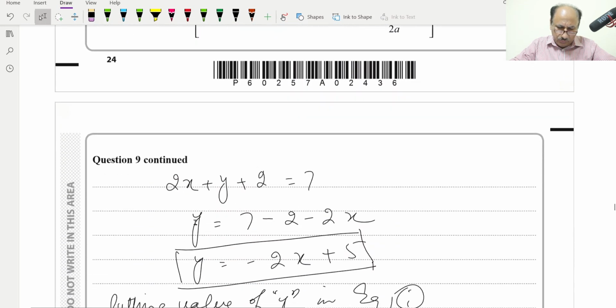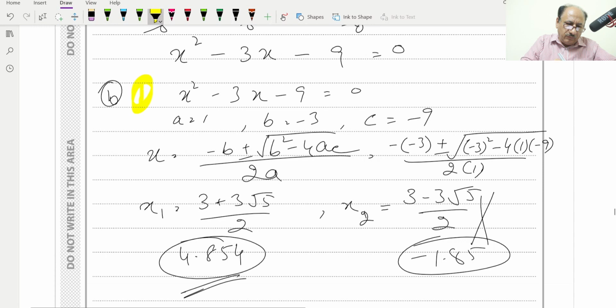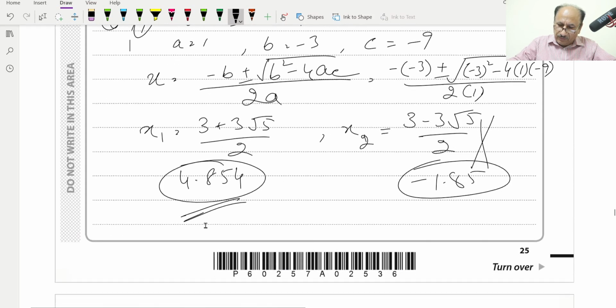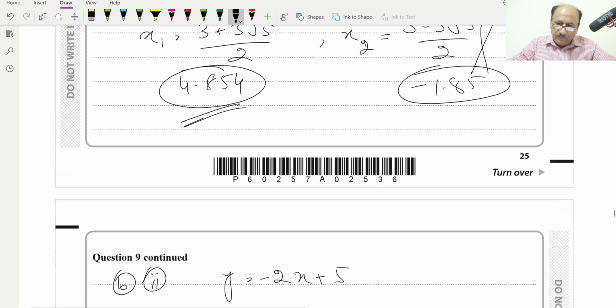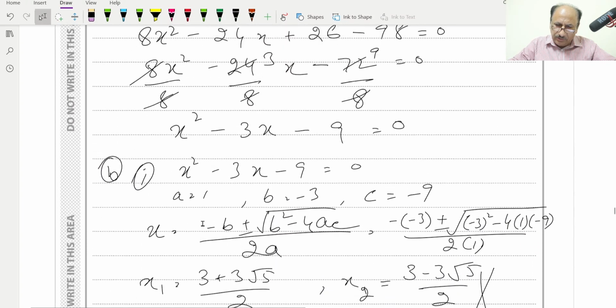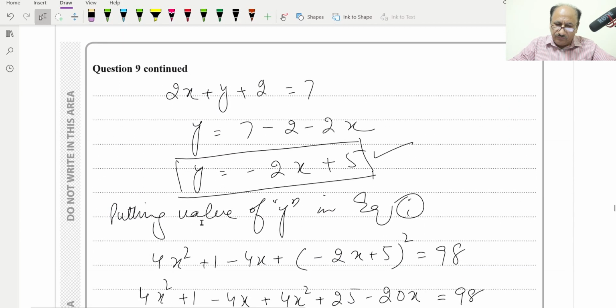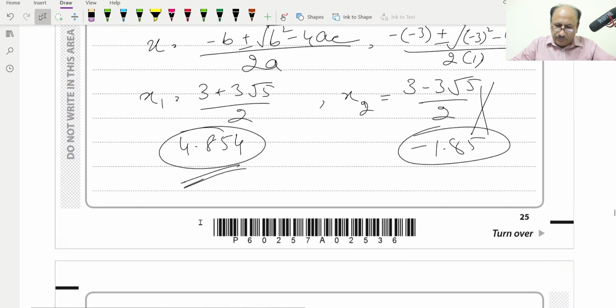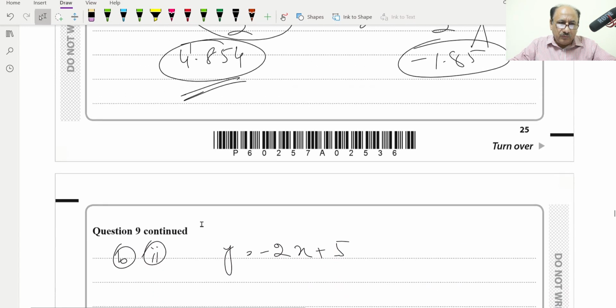The y value we know is equal to minus 2x plus 5, which we have already calculated over here. This equation we will be using, and we will be replacing x with the value x1 to find this.